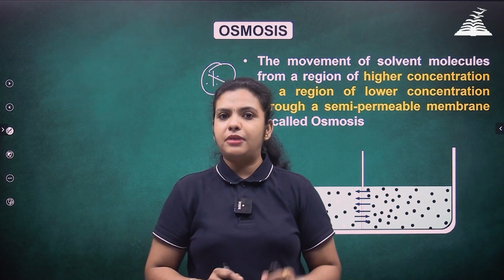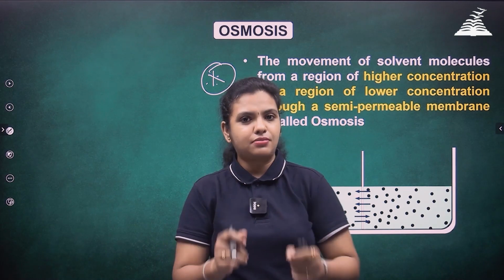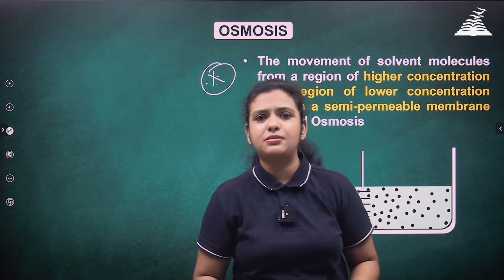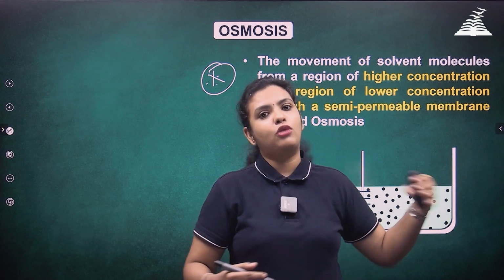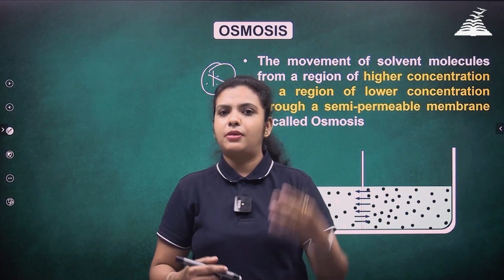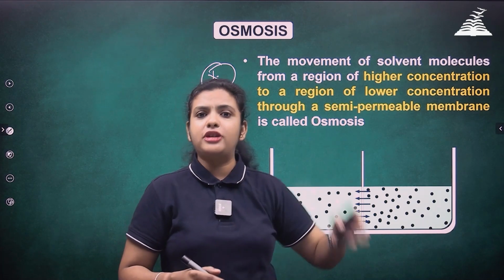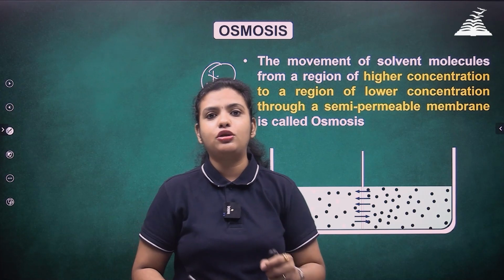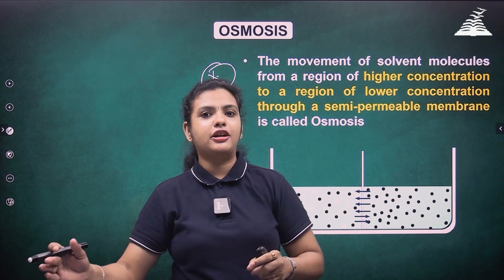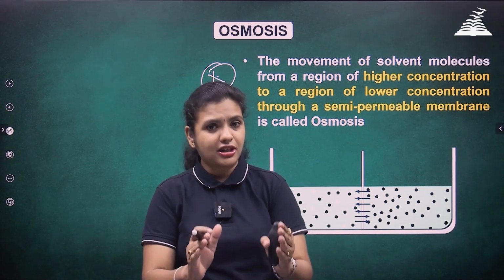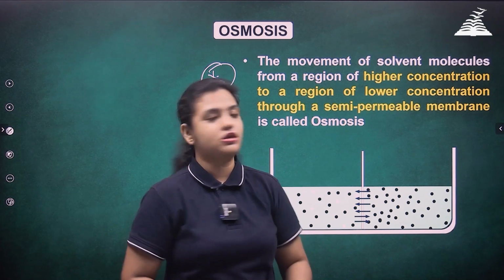What is the semi-permeable membrane here? Your plasma membrane is a semi-permeable membrane. So, all cells have plasma membrane. Definitely, water molecules can cross the plasma membrane easily, right? So, what is osmosis? Movement of solvent molecules from a region of higher concentration to a region of lower concentration through a semi-permeable membrane is osmosis.